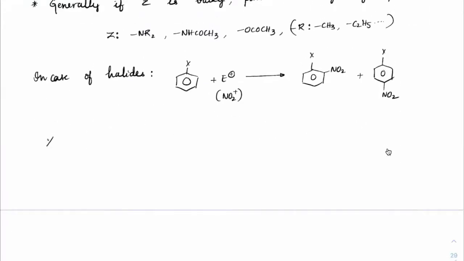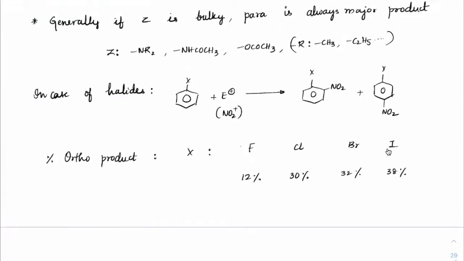What has been identified is that the percentage amount of ortho product, if X is fluorine, chlorine, bromine, and iodine, is 12%, 30%, 32%, and 38%. This is the percentage amount of ortho which you will get.